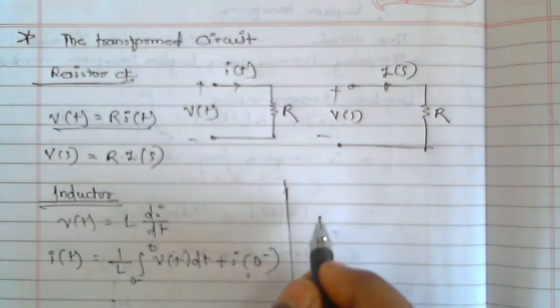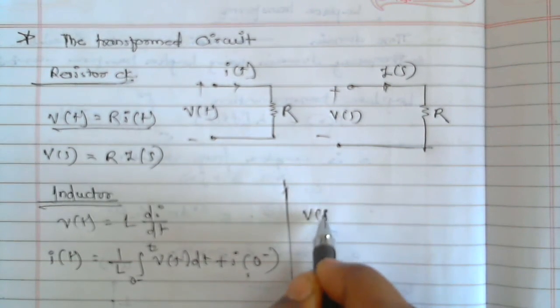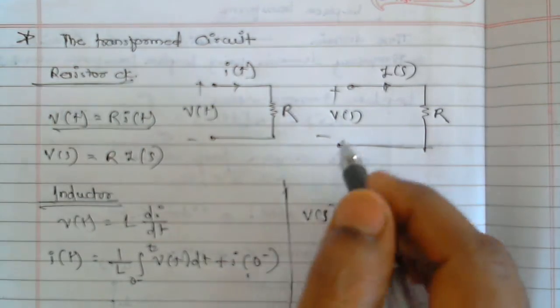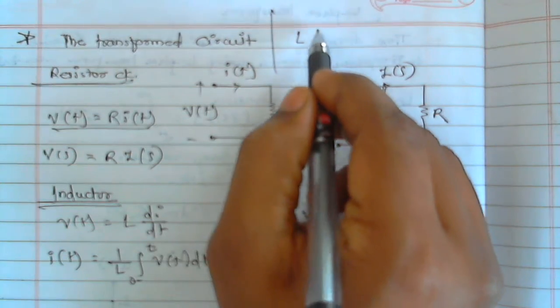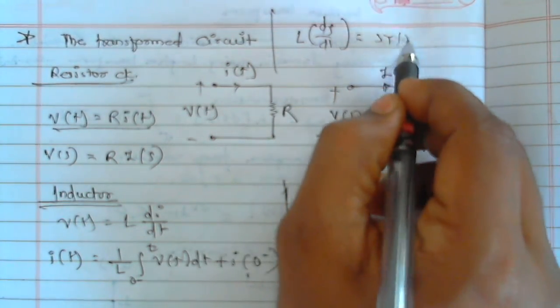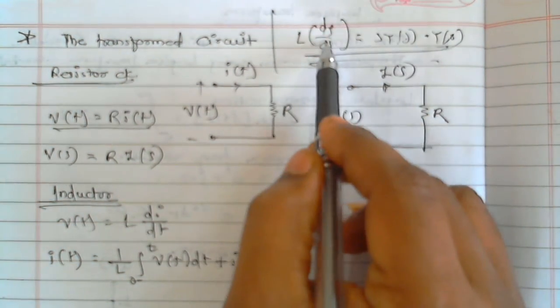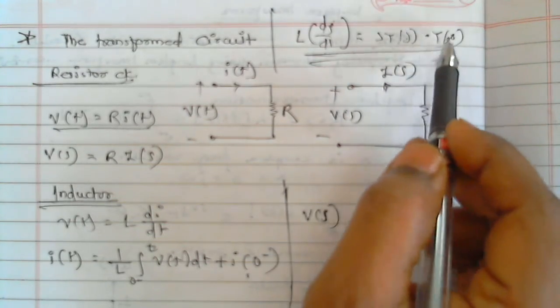First of all, I will write the frequency domain, s domain relationship here. Instead of v of t, now it becomes V of s. For your information, the Laplace transform of dy by dt is given as s Y of s minus y of 0. Remember, Laplace transform of dy by dt is s Y of s minus y of 0.